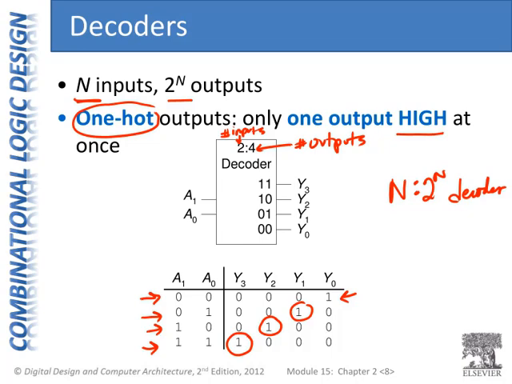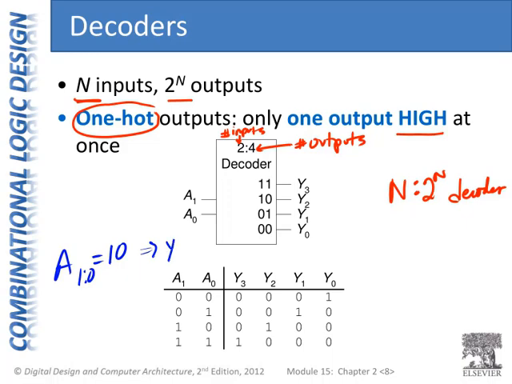So it's a decoder in that it's really decoding the binary value of the inputs. If the A input is 2, for example, then Y2 is going to be high. It decodes the binary value of the inputs.